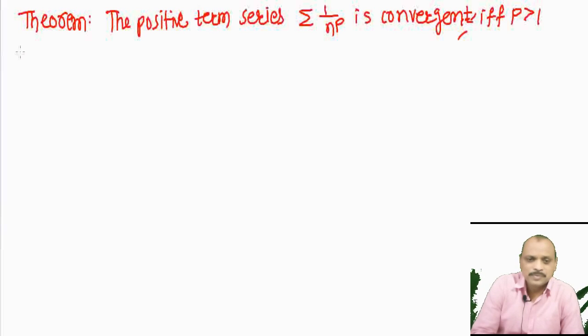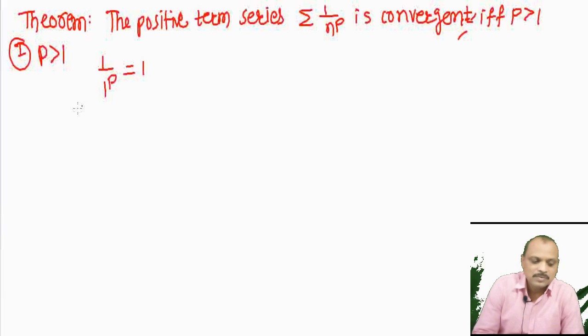So in the proof, first consider that p is greater than 1. Whenever p is greater than 1, we can see that 1 divided by 1 raised to p equals 1. Now 1 divided by 2 raised to p plus 1 divided by 3 raised to p.